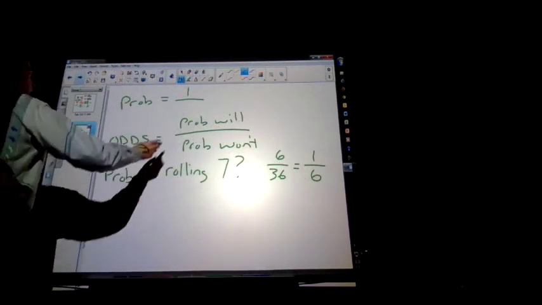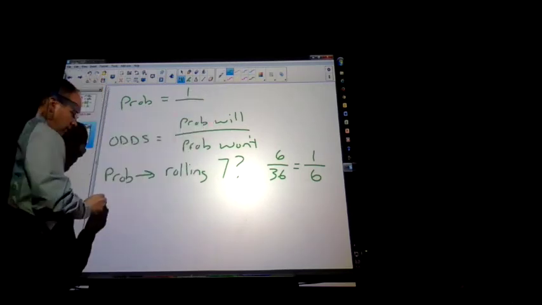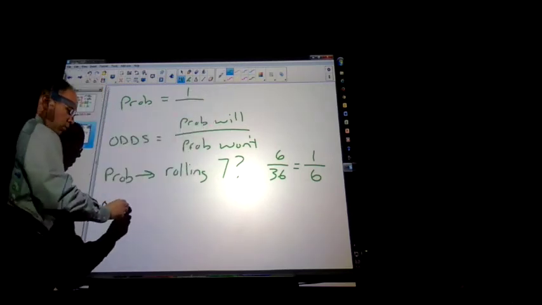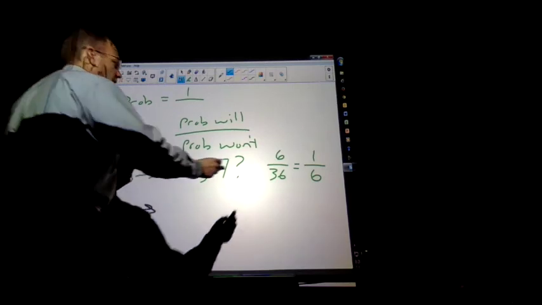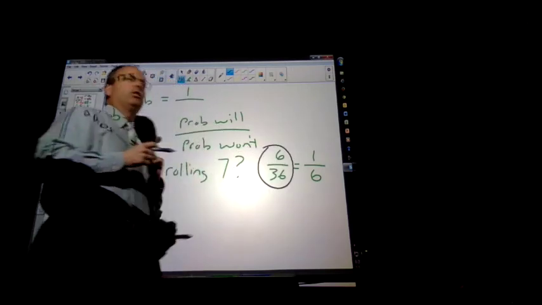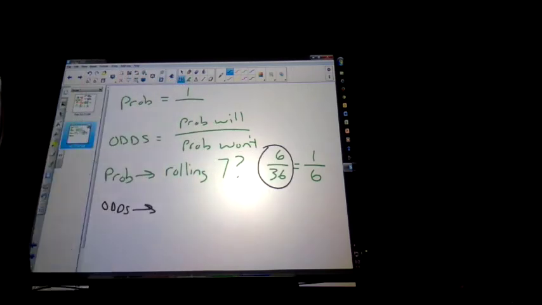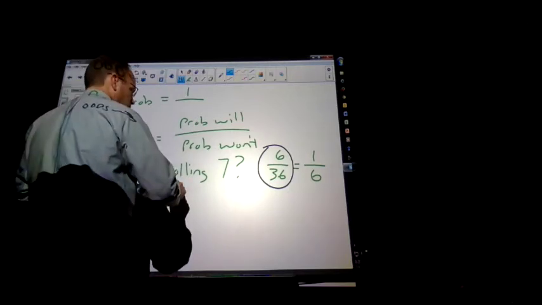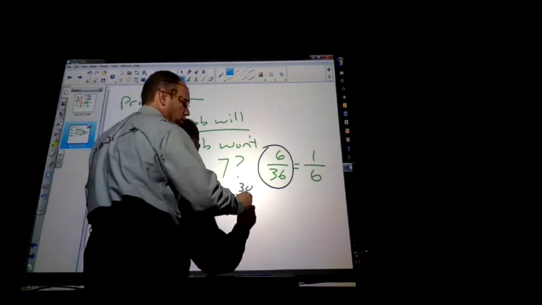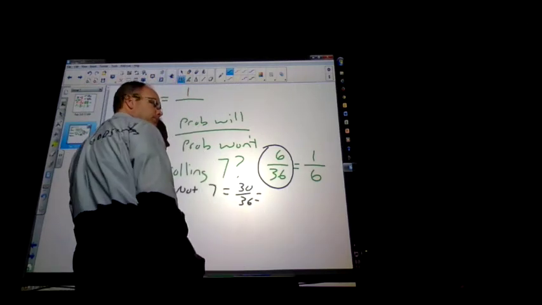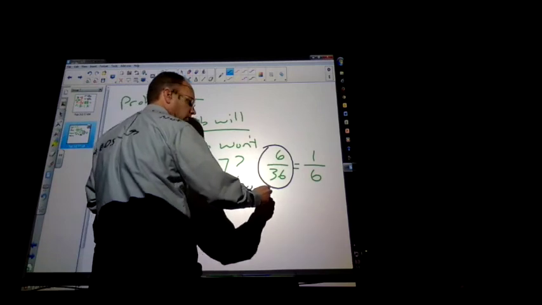If I wanted to find the odds, this is what is a fair payout. What is the probability I don't roll a 7? 30 out of 36. So not 7 is 30 out of 36, which reduces to 5 over 6.